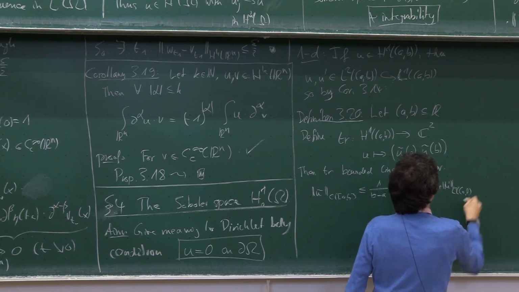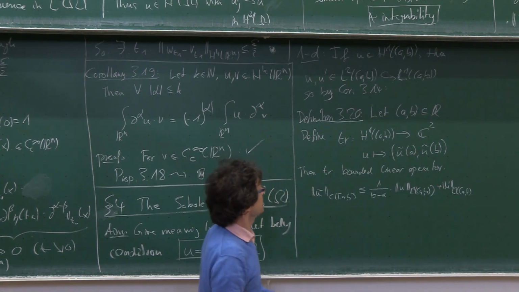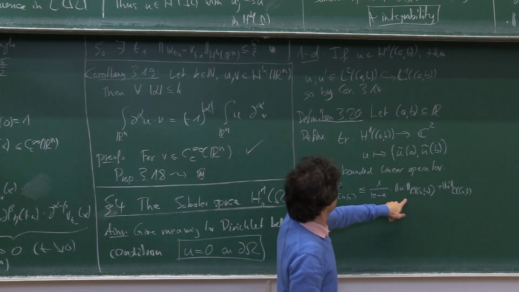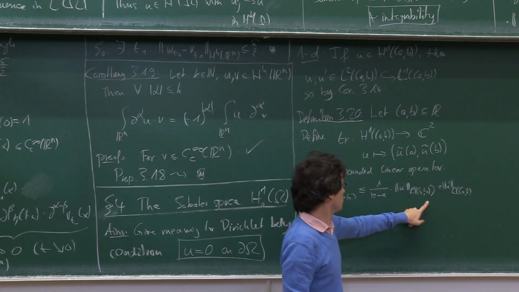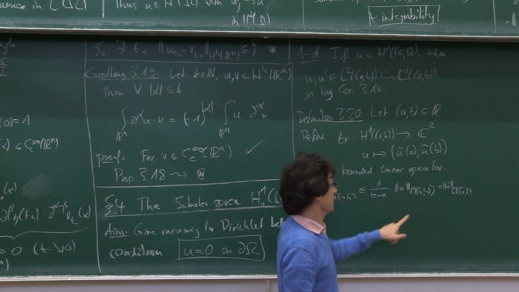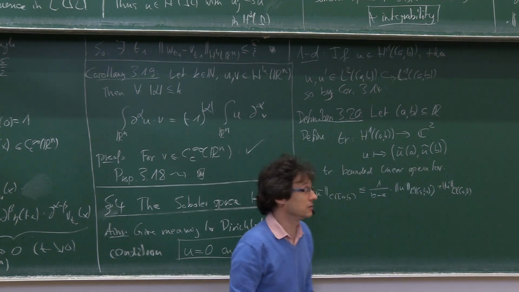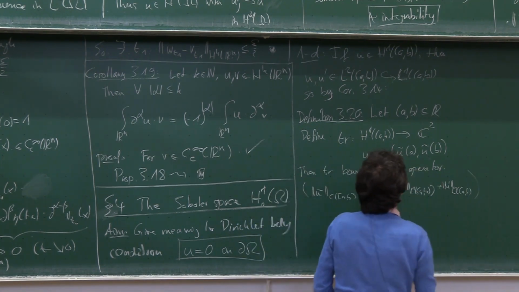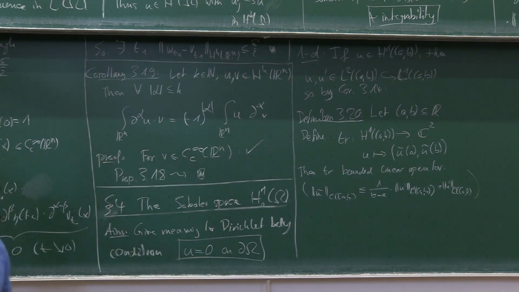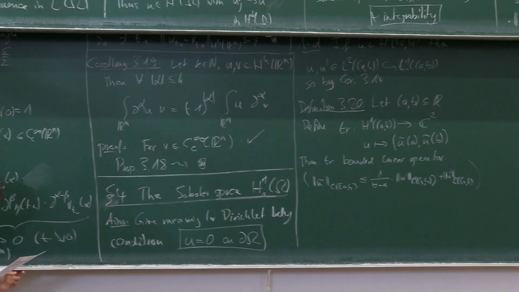Yeah? And these can be controlled by the L2 norms, and the sum of the L2 norms is controlled by the H1 norm. So the supremum here is controlled by the H1 norm, so you can control these two. So it's really a bounded linear operator from H1 to R2.